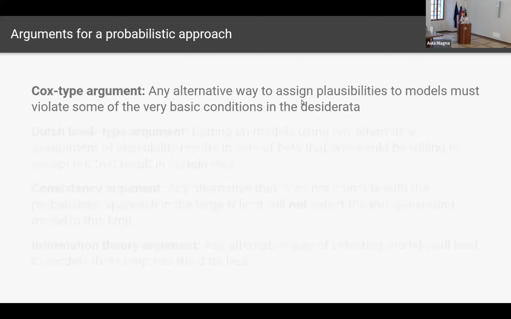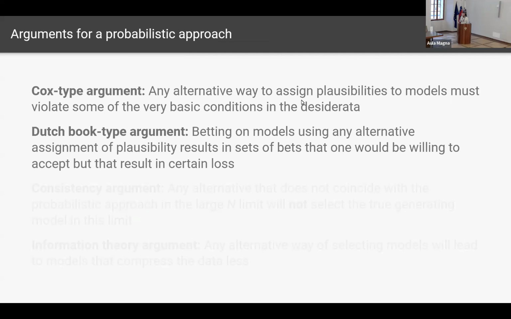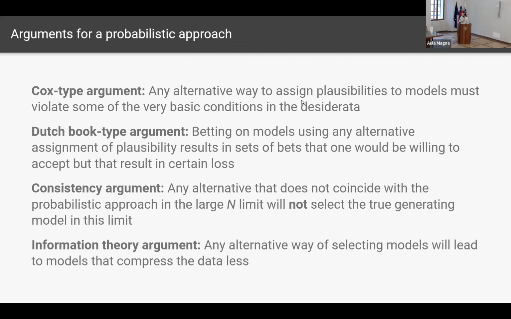Okay, so why do we like this probabilistic approach? I think I will skip through this in order to be able to finish on time. But basically, there are, again, one of the arguments that I already mentioned, right? So there is Cox theorem. Cox theorem tells you that if you want to deal with uncertainty, you have to use probability theory. If you don't use probability theory, you are violating some very basic common sense considerations about the world.